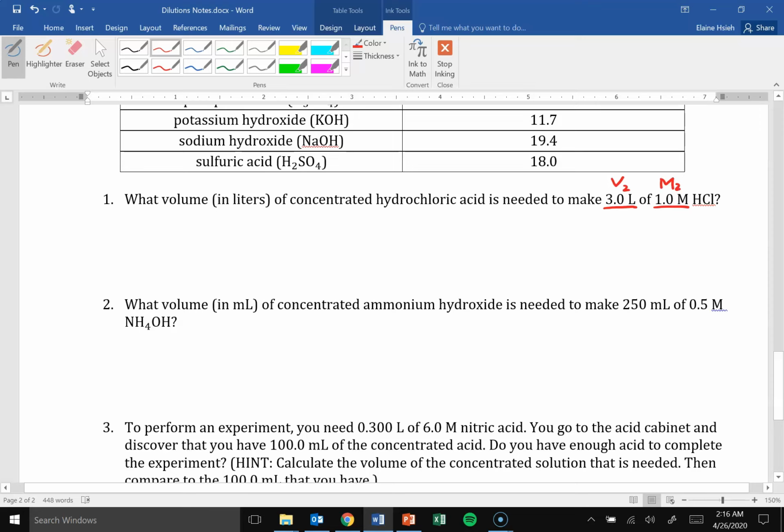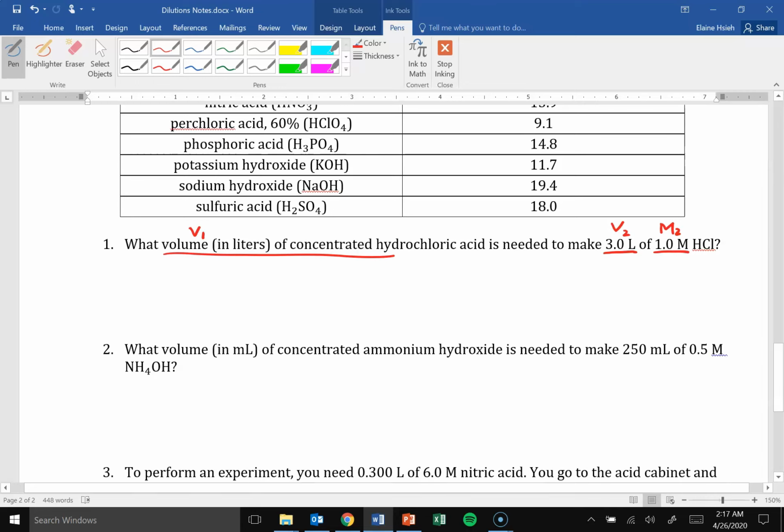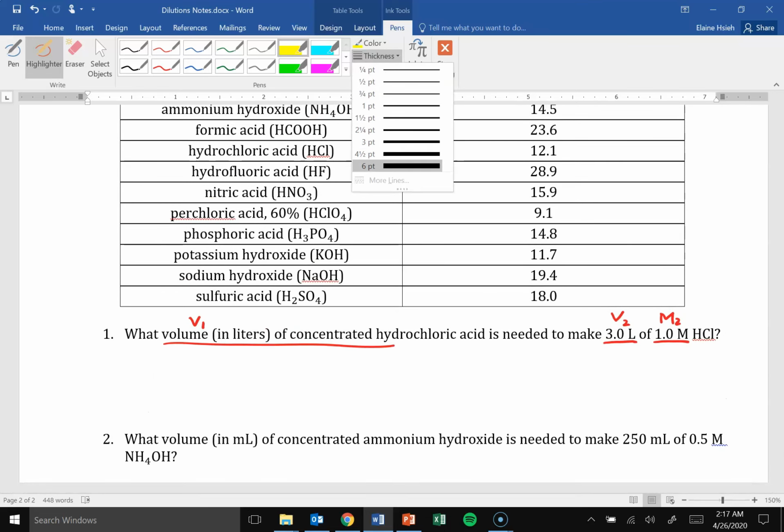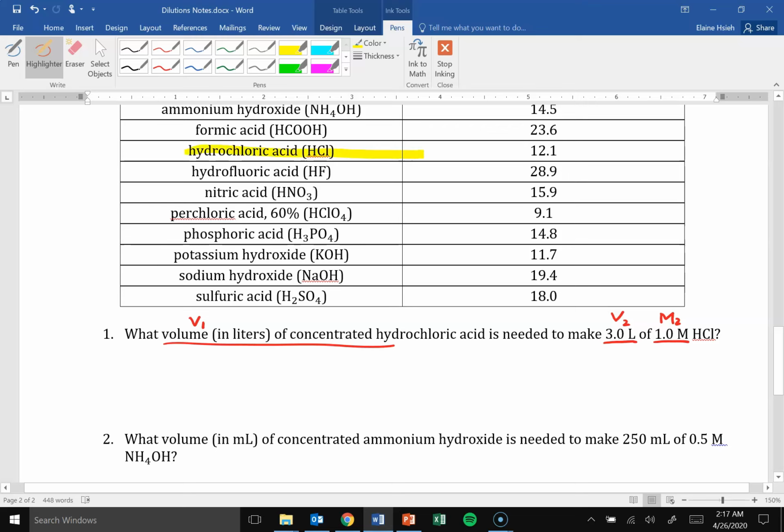It's asking us for the volume in liters of the concentrated hydrochloric acid, so we are looking for V1. But where is M1? Well, that is in the chart. Hydrochloric acid has a concentration of 12.1 molar when it's concentrated. So we're going to use 12.1 molar as M1.